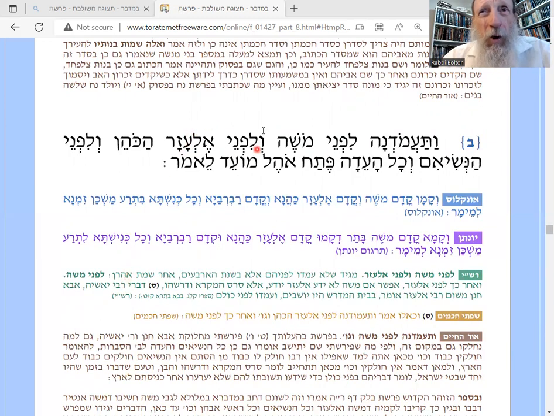So that also explains why Elazar put on the breastplate, because his father had passed away. And it says they stood in front of Moshe and then in front of Elazar. If Moses didn't know, then Elazar knew.